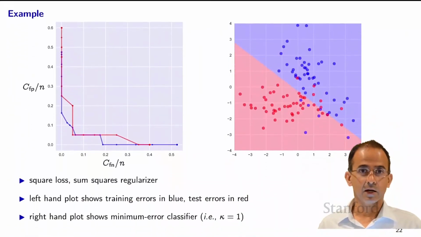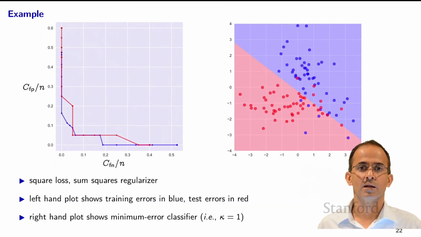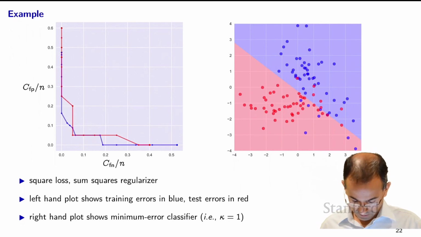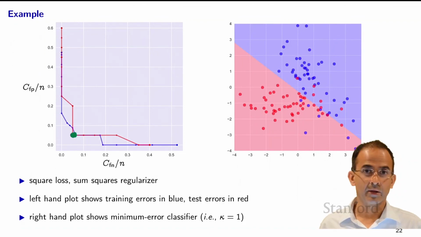And these are the two losses, the training losses in blue and the test losses in red. On the right-hand plot over here, we see the minimum error classifier, which is given by when kappa is 1. And that would correspond to this point down here.